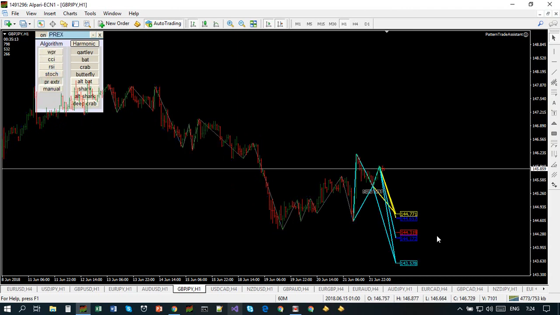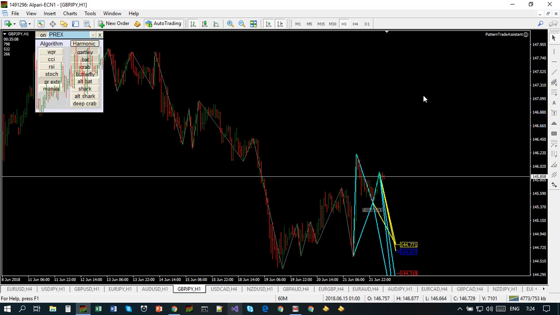So this is not obvious. These patterns are not obvious. They are not detected by other algorithms. So I'd do one of these two things: I'd rather wait for additional confirmation, like a double bottom or whatever, or I would simply skip them.